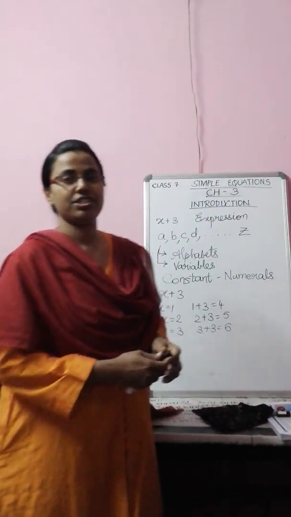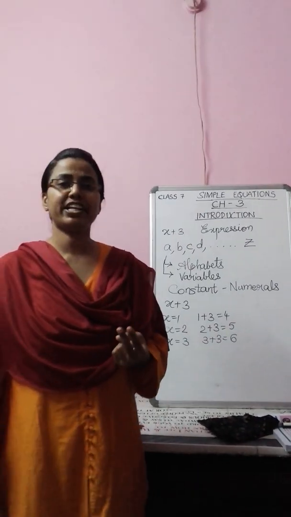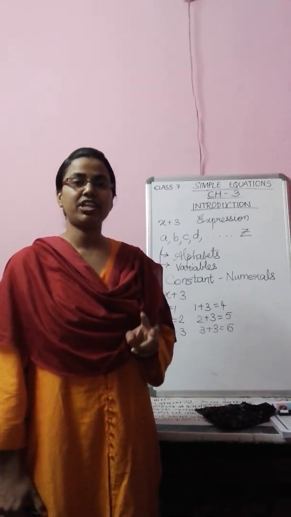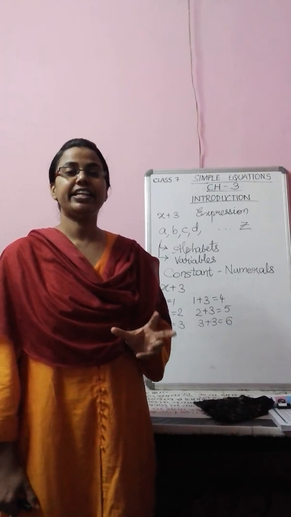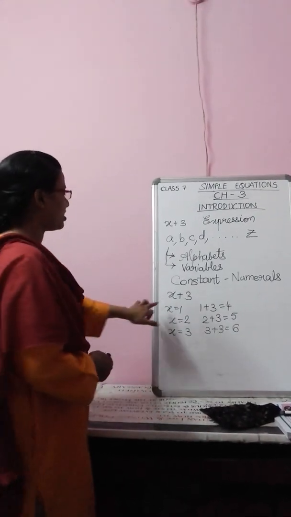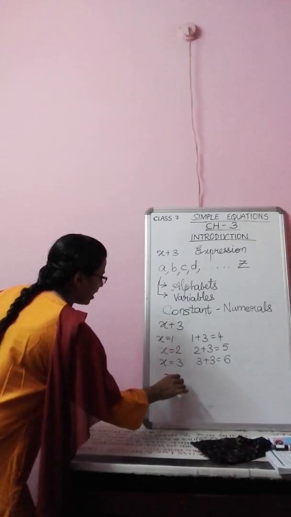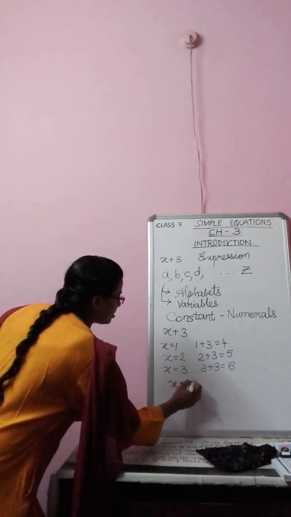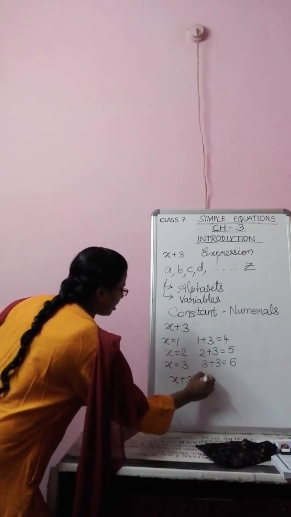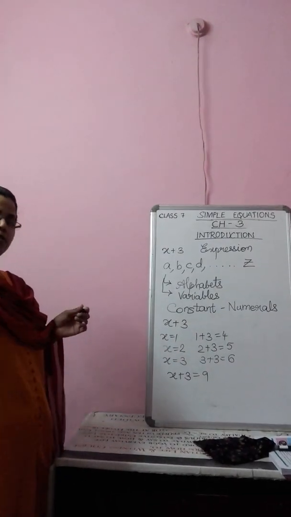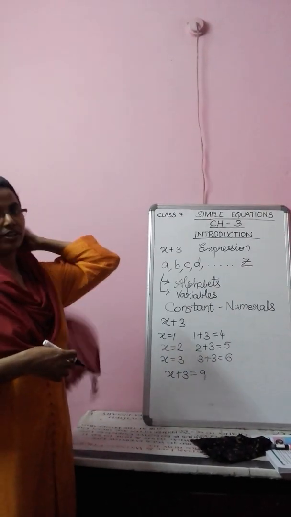Now, let us come to equations. Two expressions, when they have an equal to in between, it is an equation. The same thing I am going to take. This is x plus 3 is equal to, say, 9. x plus 3 is equal to 9.